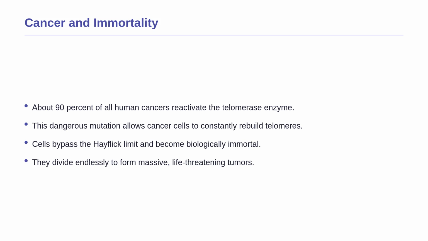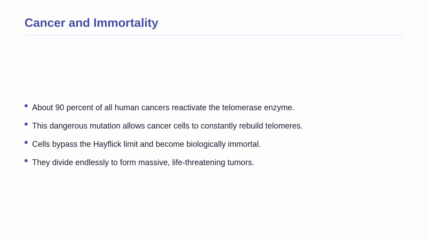While shortening protects us from old, mutated cells, what happens when this clock is broken? In about 90% of all human cancers, genetic mutations cause the telomerase enzyme to become highly active once again. This is a dangerous reactivation.